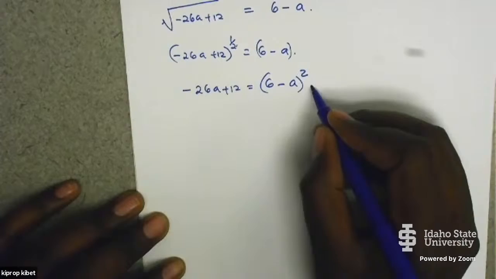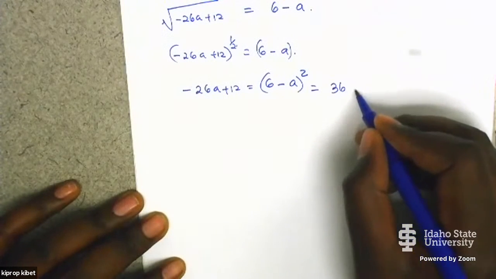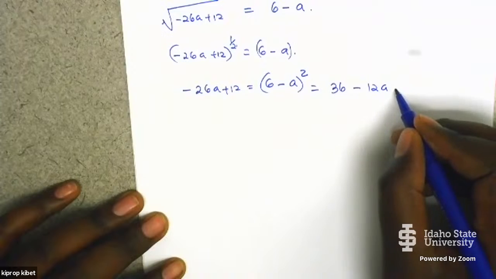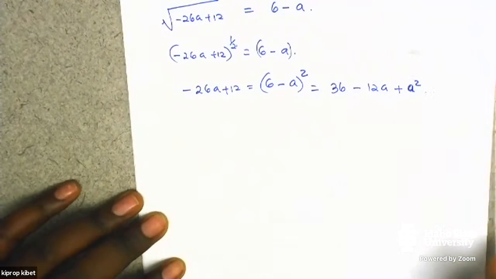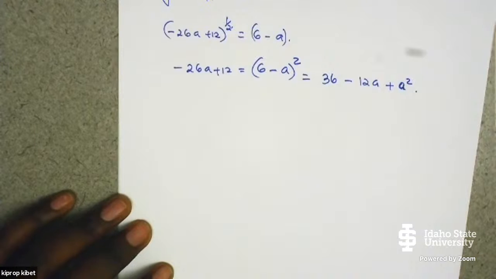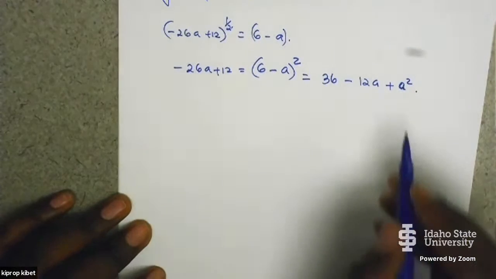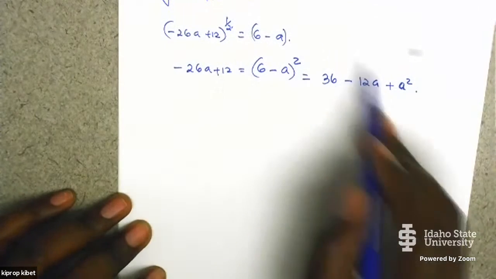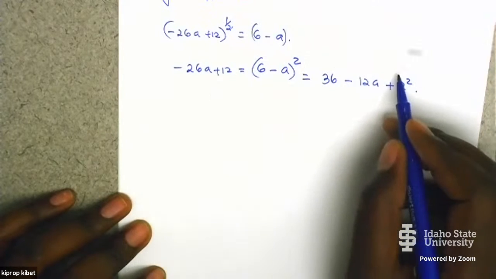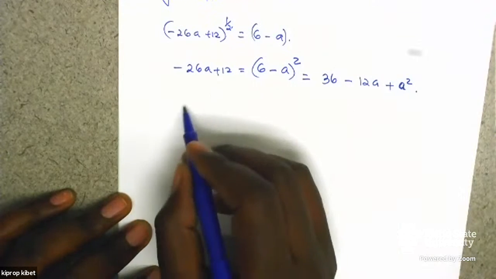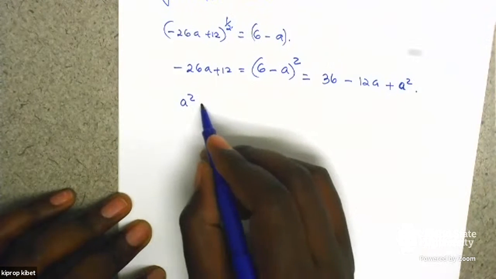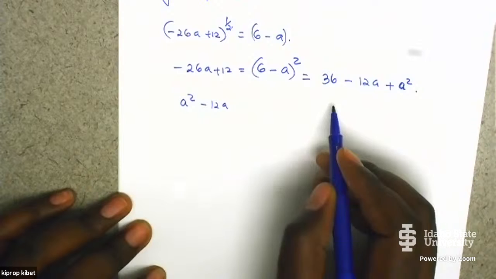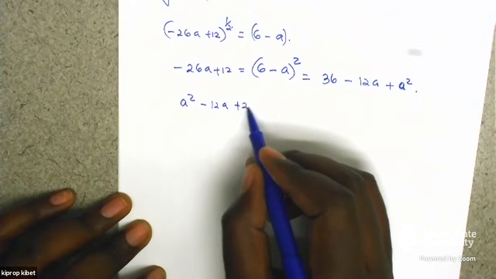Now this is equal to 36 minus 12a plus a squared. Now you collect the like terms. You can take all these values to the other side, so you can rearrange it. So a squared minus 12a, bring minus 26a to the other side, you get plus 26a.